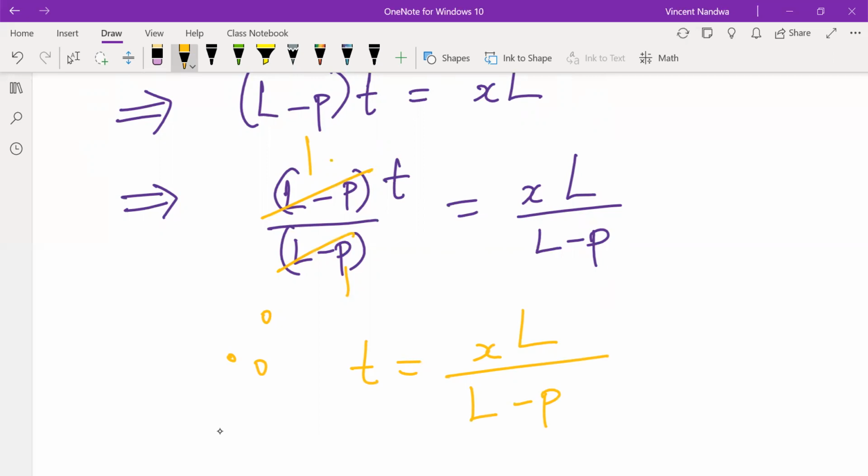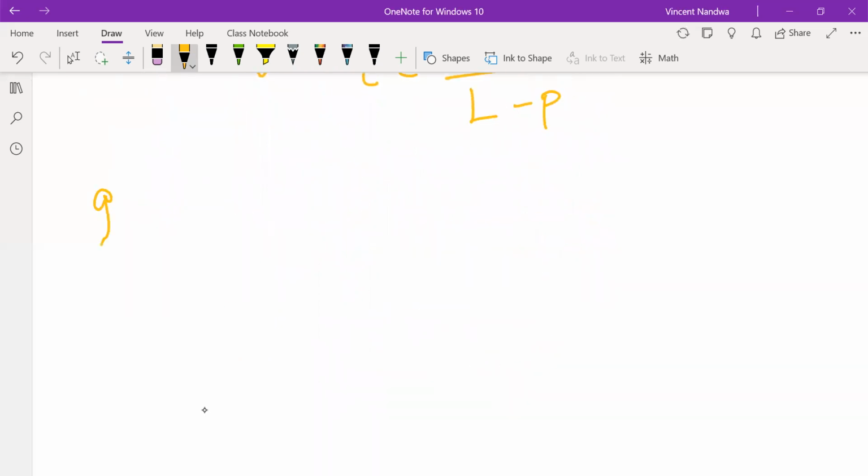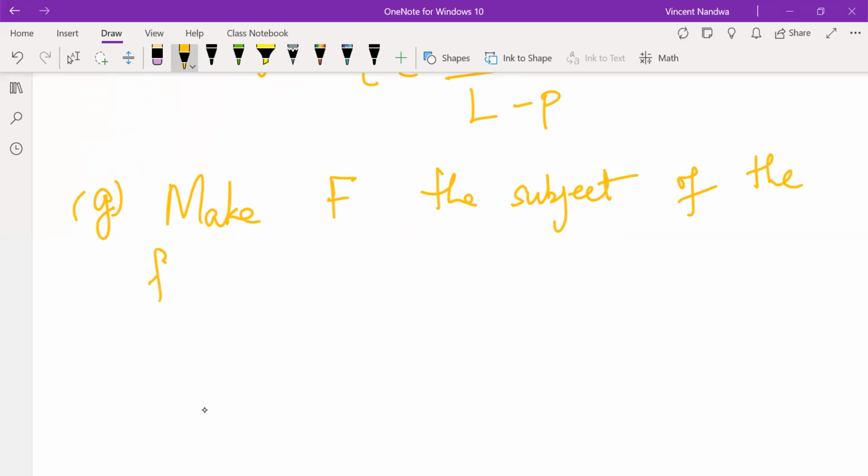Next, we have make t, or make f the subject of the formula in v equals to u plus ft divided by m.